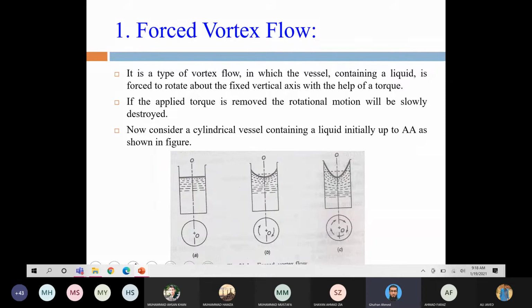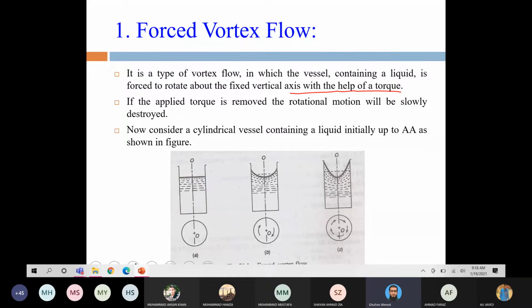Forced vortex, as I said at the start, is a type of vortex flow in which the vessel containing liquid is forced to rotate about its fixed vertical axis with the help of a torque. So this is an external thing. If the applied torque is removed, the rotational motion will be slowly destroyed.